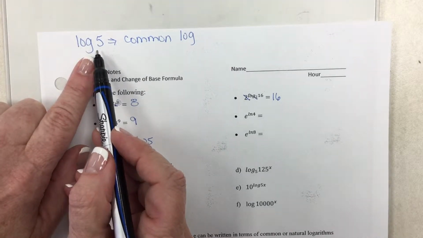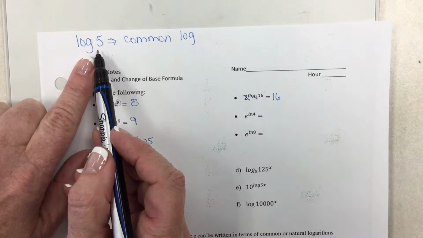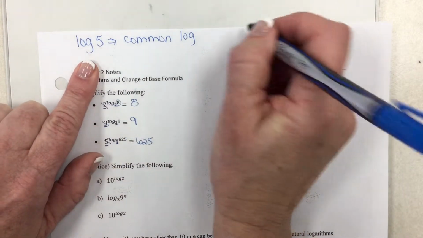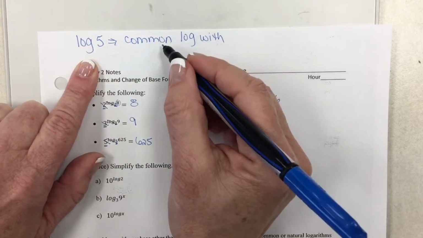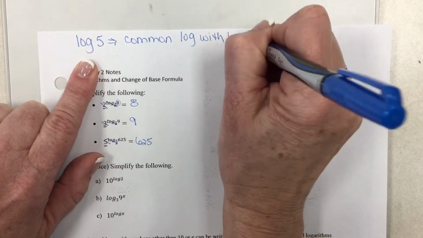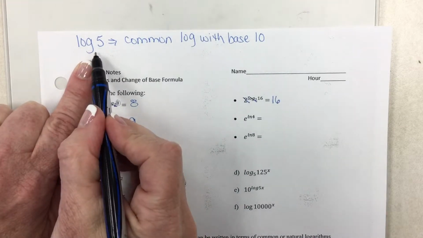Do you see a base? Is there any base written? No base is written, but what is the base? I certainly don't see one, but it is a common log with base 10. We assume the base of 10 there.